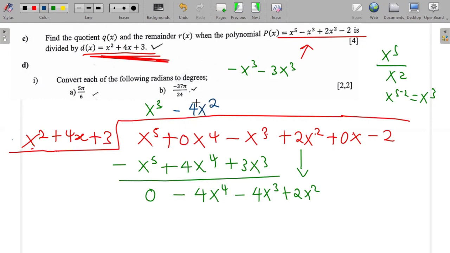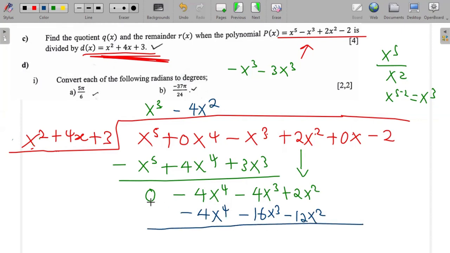Then I multiply this minus 4x squared by this, I get minus 4x to the power 4. Minus 4x squared multiplied by 4x, I'm going to get minus 4 multiplied by 4, that is 16, and then that will be x to the power 3. And then minus 4x squared multiplied by 3 will be minus 12x squared.